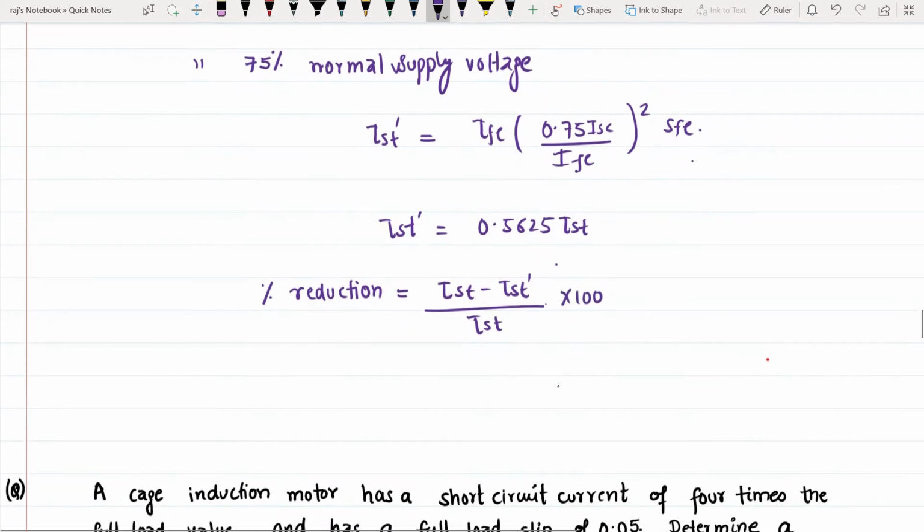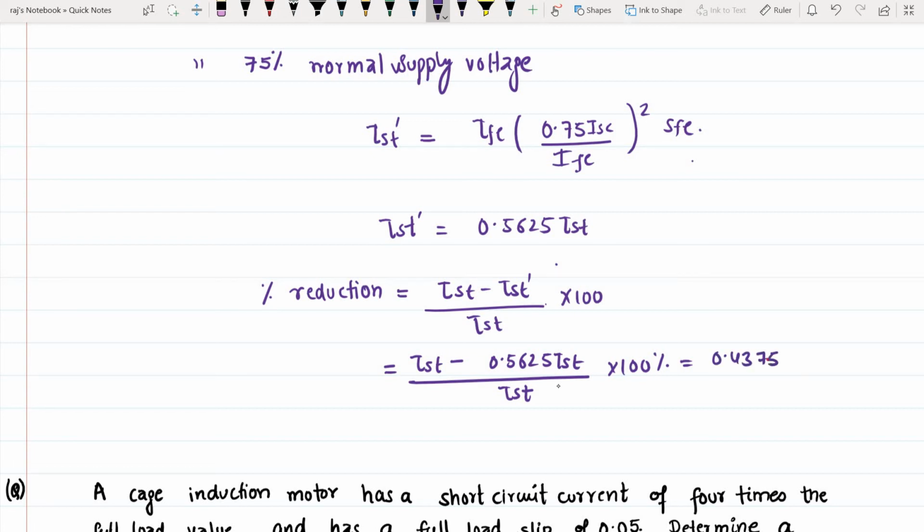Okay, this will be equal to (tau st minus 0.5625 tau st) by tau st into 100. This is equal to 0.4375 tau st by tau st, which is equal to 43.75.